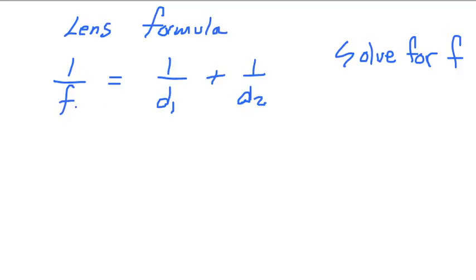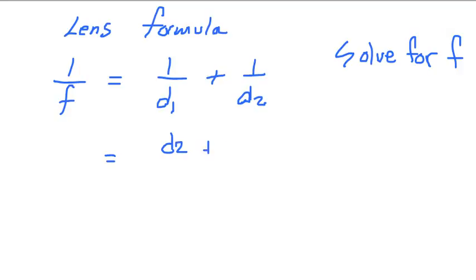What we could do is get this all into one fraction, and that means we want a common denominator. So I'm going to multiply d2 on the top over d2.